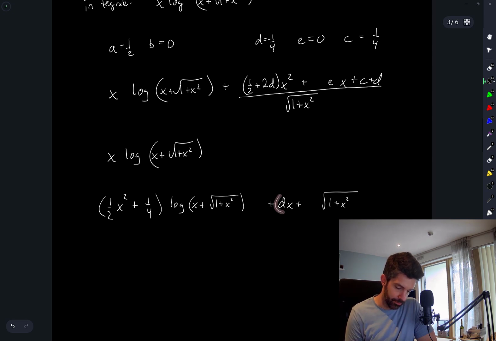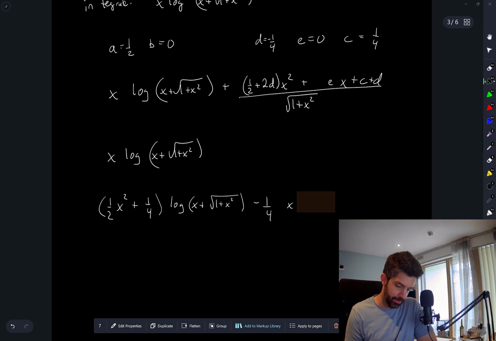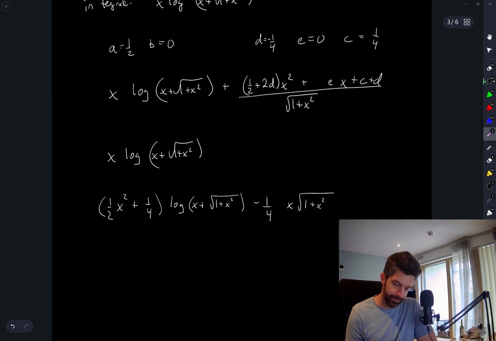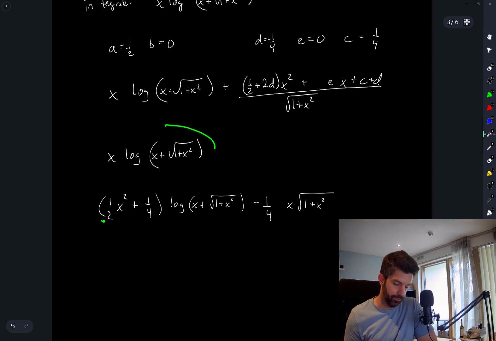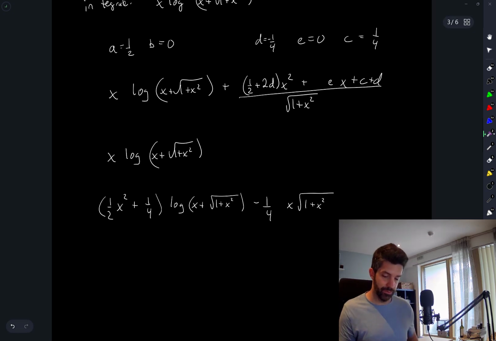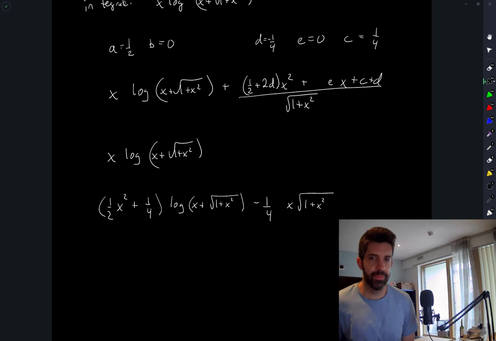And D is -1/4. There we go, and that should be the antiderivative. The derivative of this is this, and so we have essentially integrated this. We have an antiderivative.